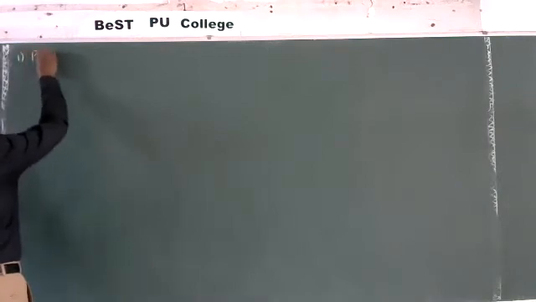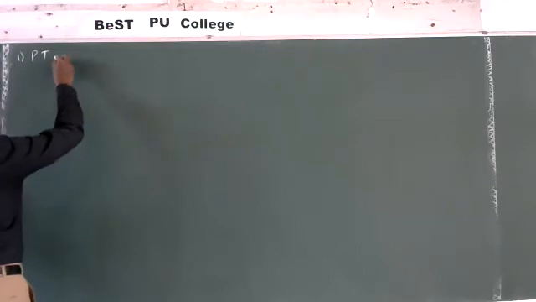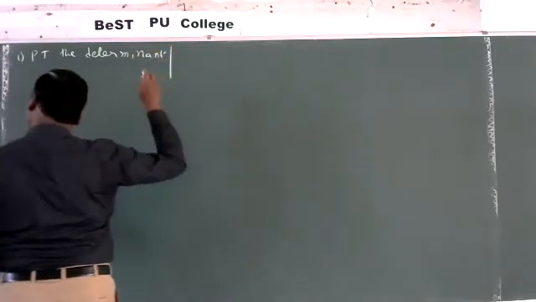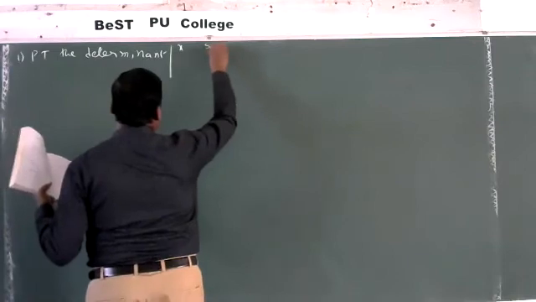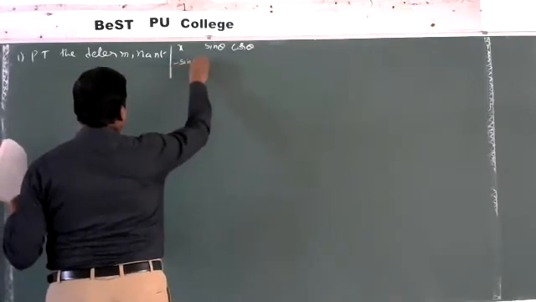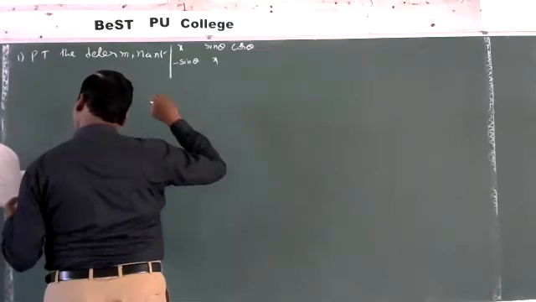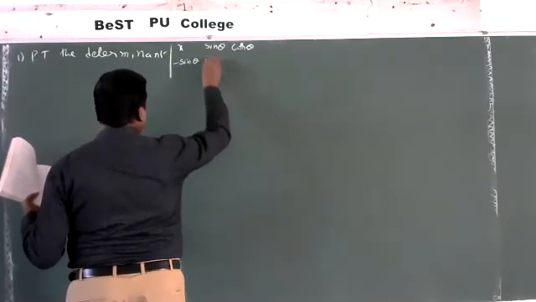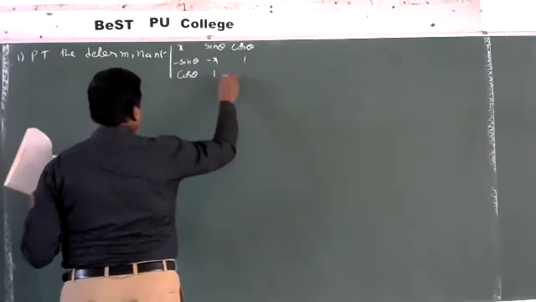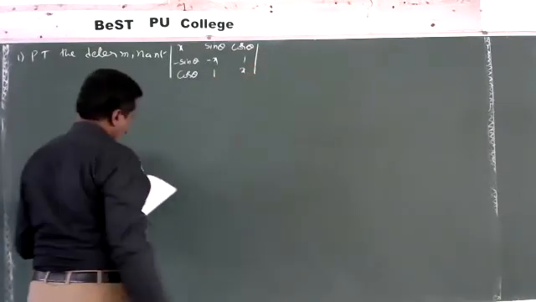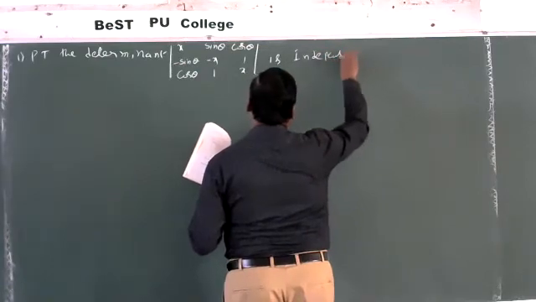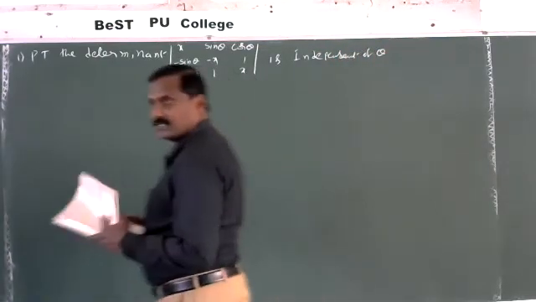Prove that the determinant x sin theta cos theta, minus sin theta x 1, minus cos theta 1 x is independent of theta.